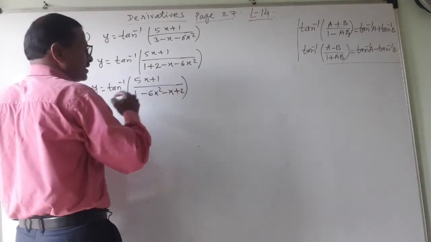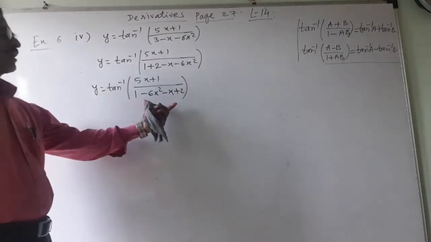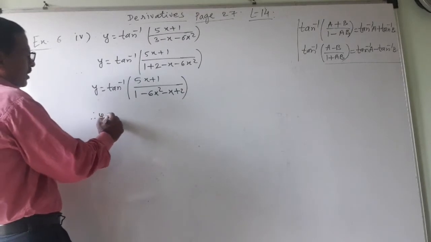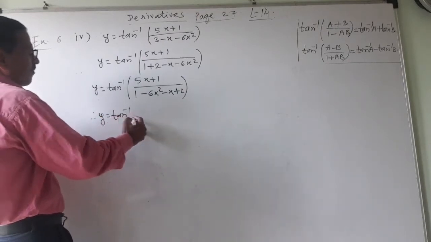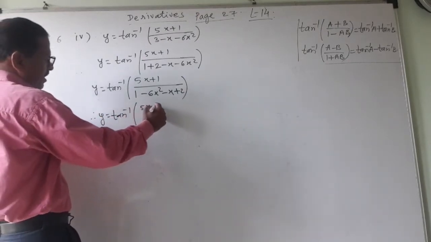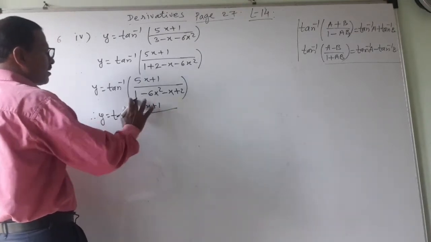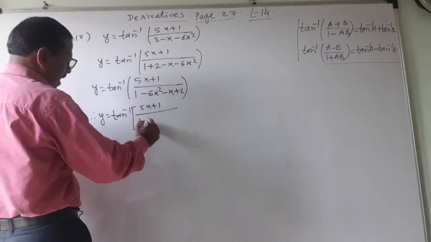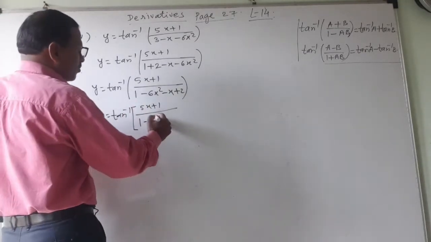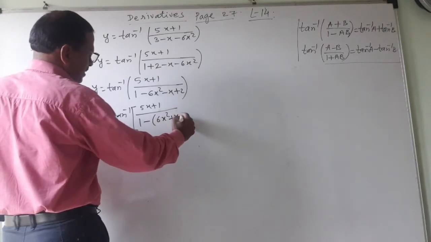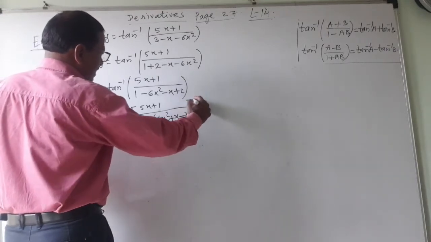I have arranged this, this is the quadratic expression. Therefore, y is equal to tan inverse of 5x plus 1 upon 1. I will change the brackets now. Minus I am taking out, and here remains 6x square plus x minus 2. The sign changes.